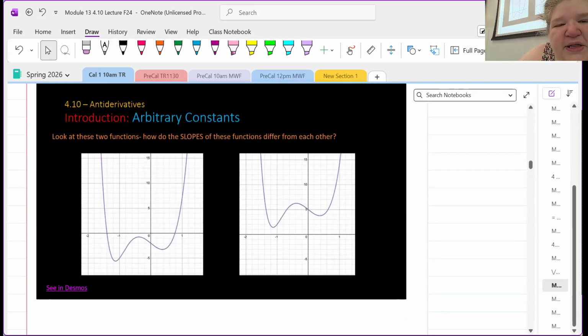Now we have this weird thing about antiderivatives. So when I look at these two graphs, are the slopes at a particular point on these two graphs different? So the shape of the graphs looks the same. What's different between them, though?